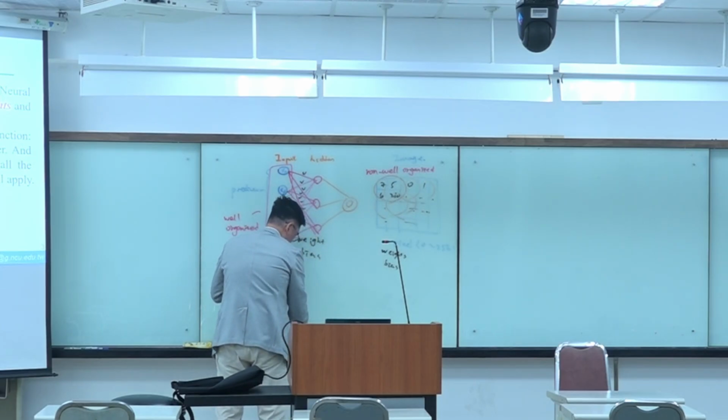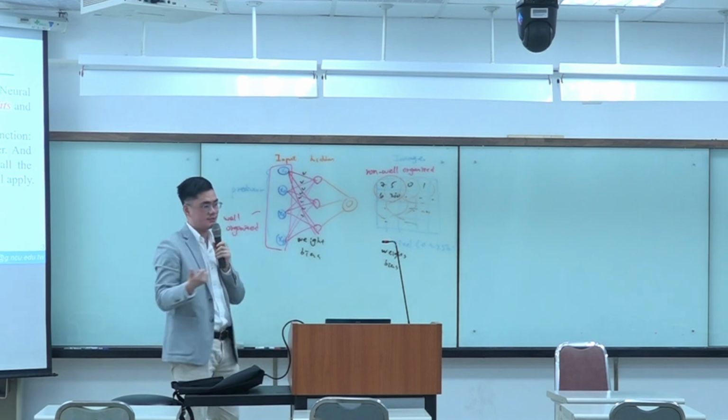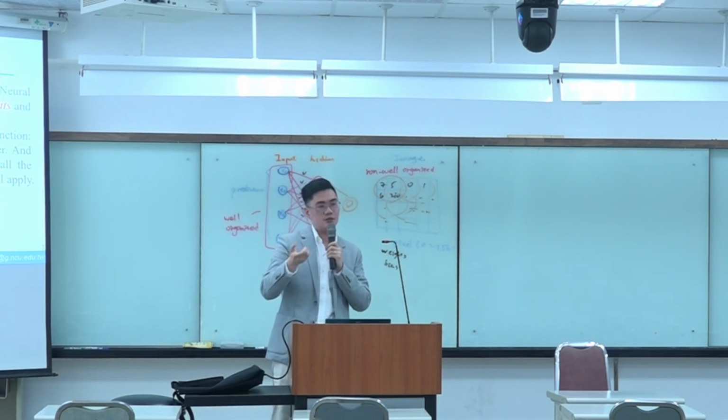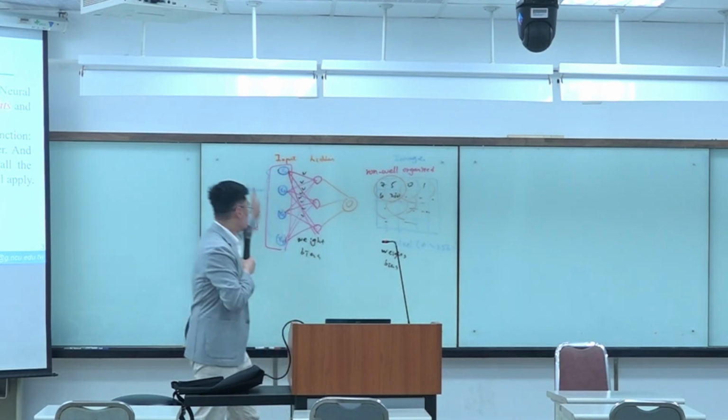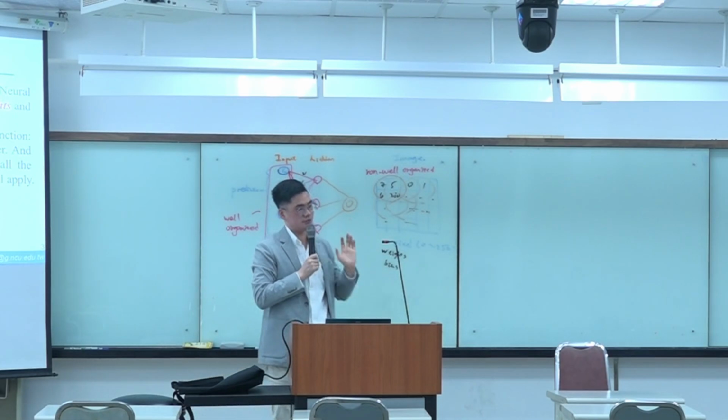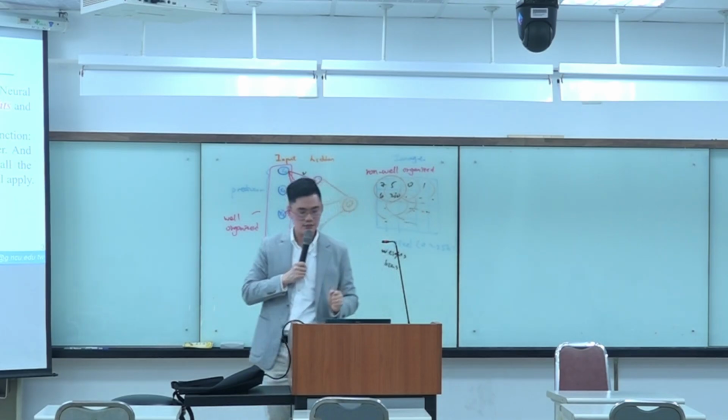But conceptually it's the same. You still try to use the weights and the bias and then connect them to your neurons. But here the input neurons are not well organized. The input predictors are just like images, so they are not well organized. That's the key difference.